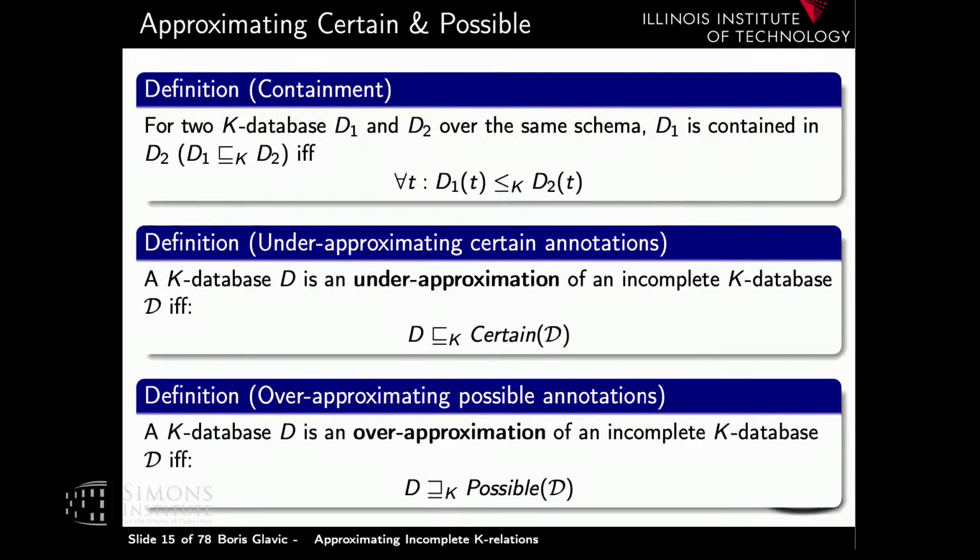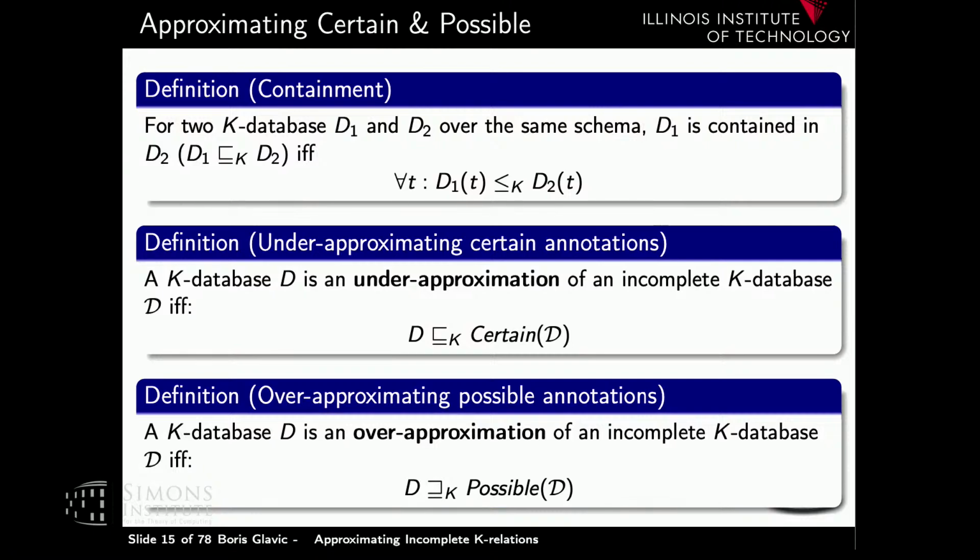Let me first define a containment where I'm lifting the natural order to databases. I'm basically saying a database is contained in another database with respect to semiring K, so it's a K-database, if for every tuple, the annotation in one database is smaller than or equal to the annotation in the other database. And again, that generalizes what you would expect from containment in sets and bags.